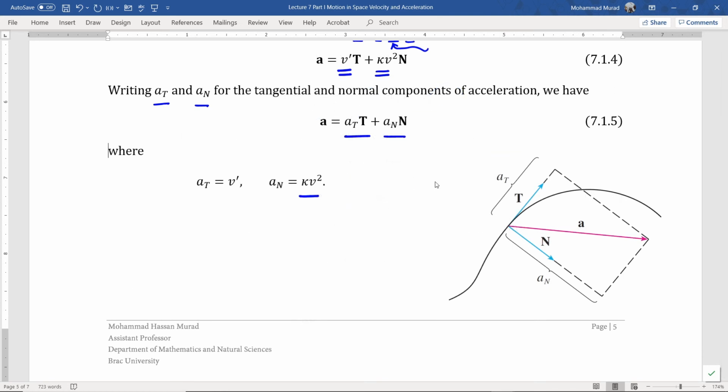The tangential and the normal components are shown in this figure.